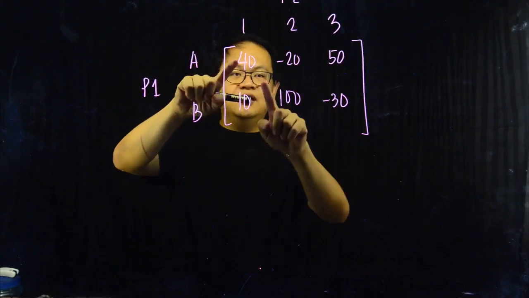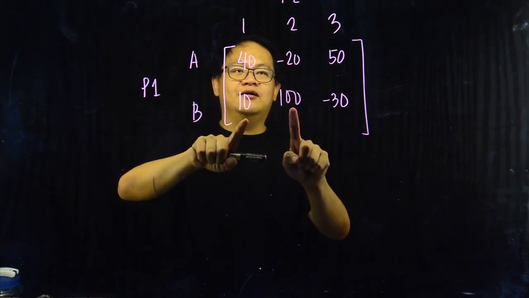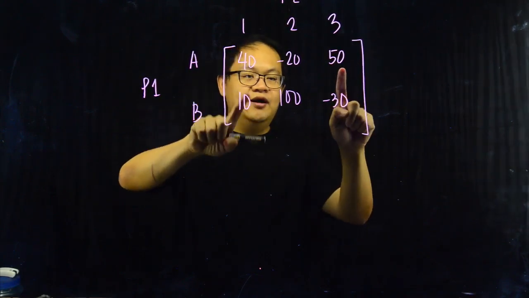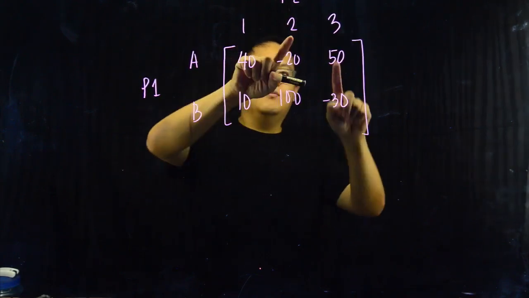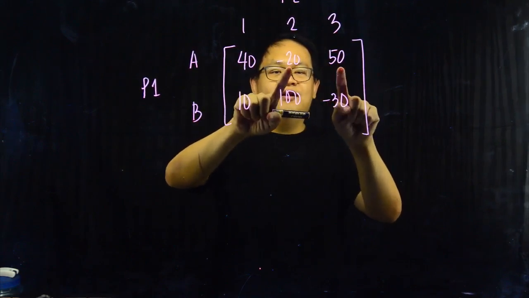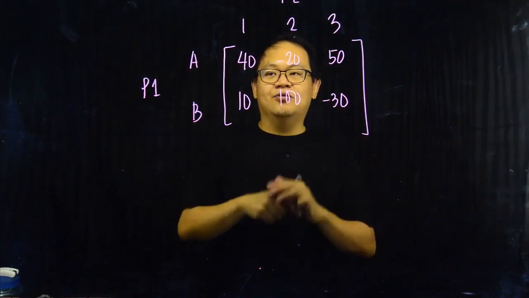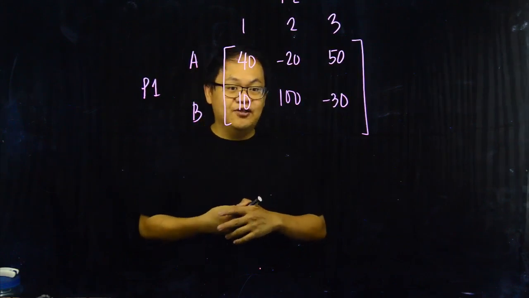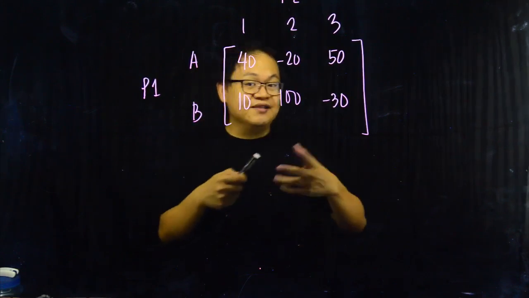Between 1 and 2, higher, lower, no dominated. 1 and 3, lower, higher, no dominated. Between 2 and 3, lower, higher. Again, no dominated.